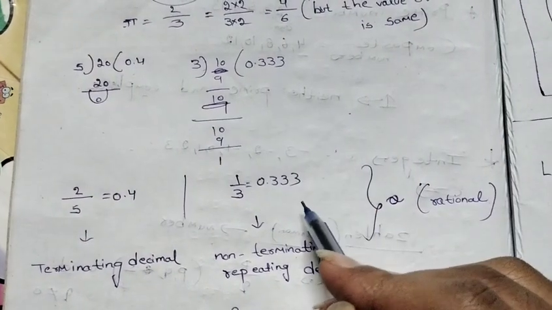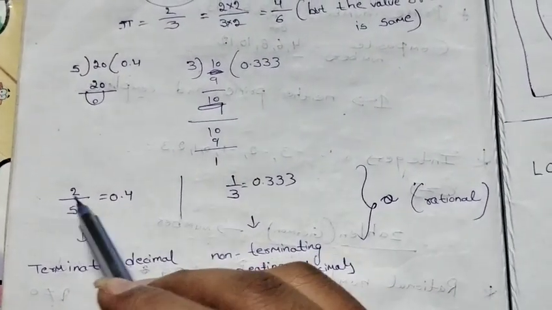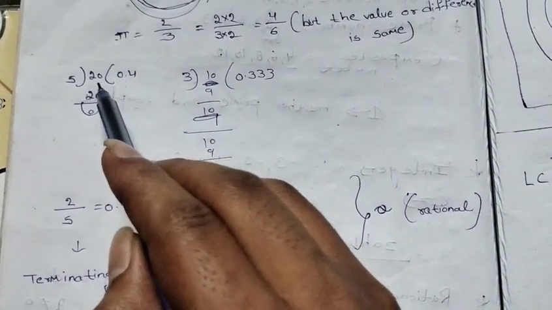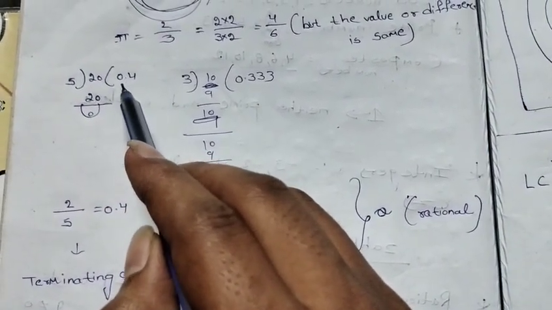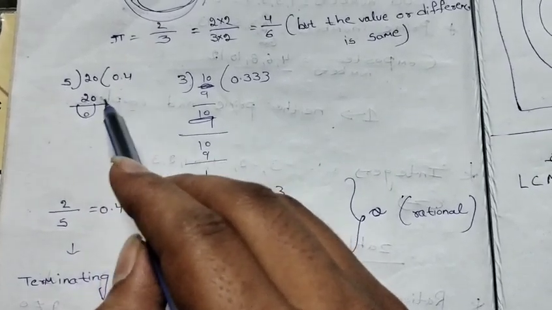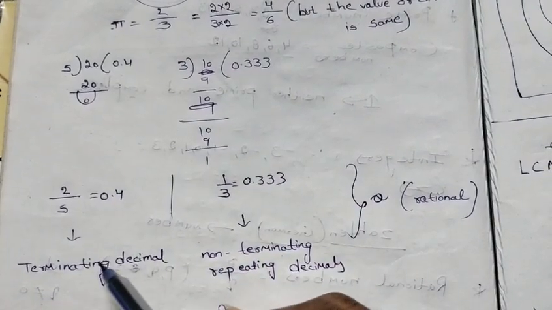So we can take some rational number examples. Here 2 by 5: we divide 5 into 2, put 0 and a point, and we get 0.4. It's called a terminating decimal.